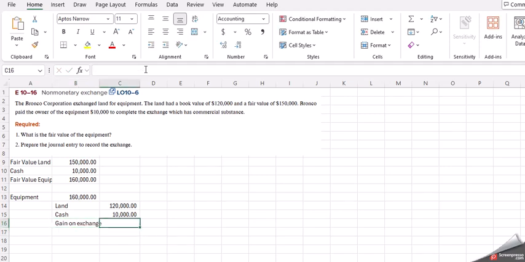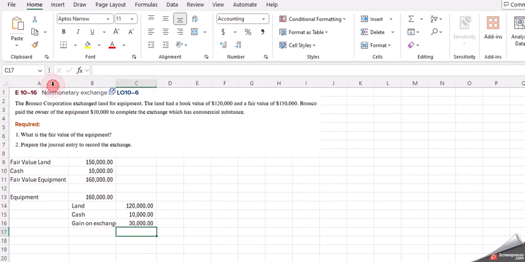And then, so again, that's going to be the difference that we need to make that entry balance. Now, if we didn't have a firm feeling of that fair value, if it was kind of unknown, then there would be no gain. We would just get rid of the land at its cost and give up the cash and then value the equipment accordingly.